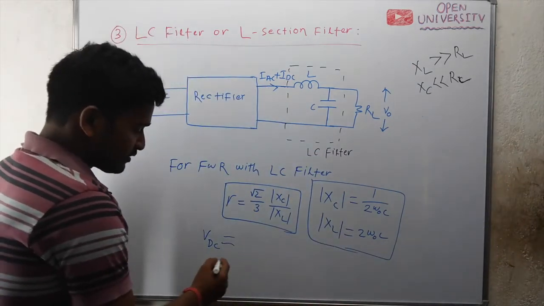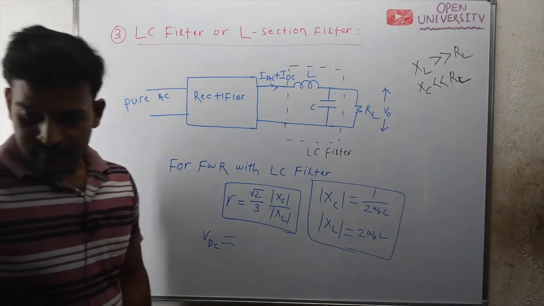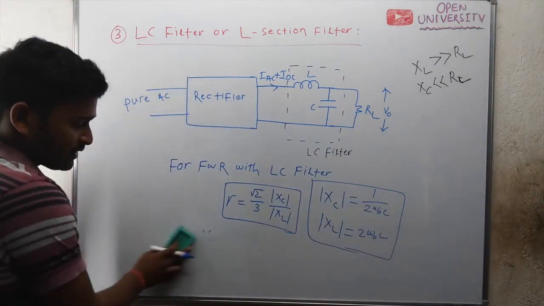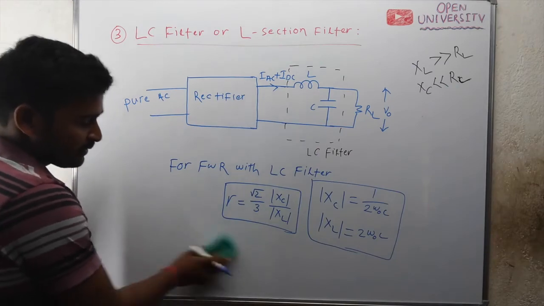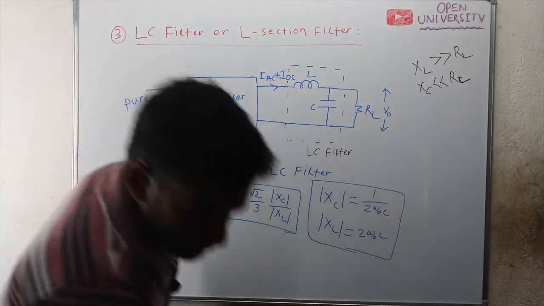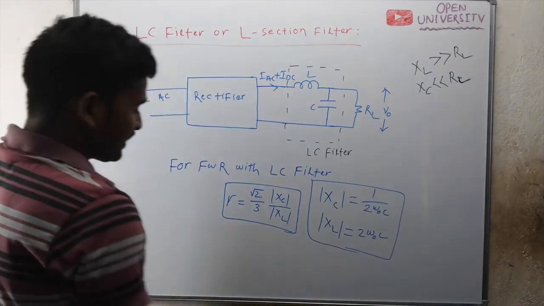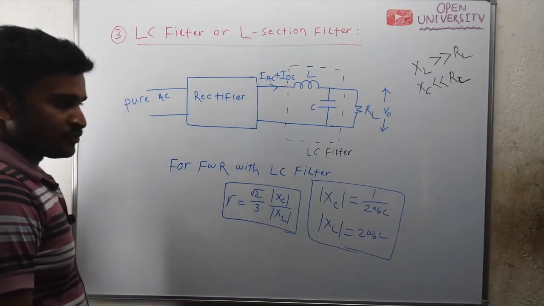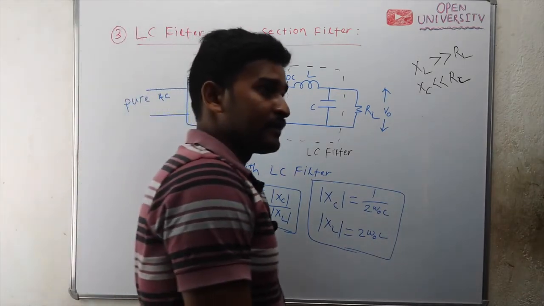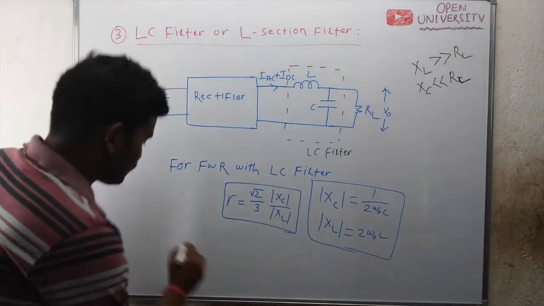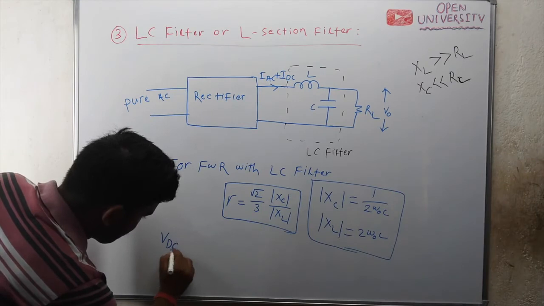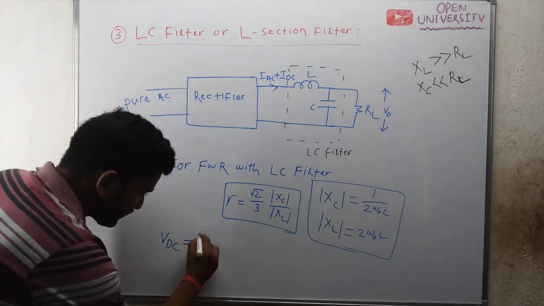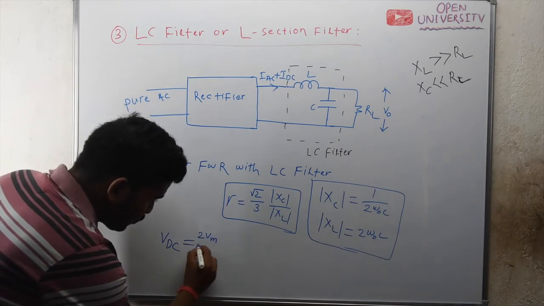Write down: the DC output voltage of a full wave rectifier with inductor filter is the same as the DC output voltage of a full wave rectifier with LC filter. So the DC output voltage of your full wave rectifier with the LC filter will be 2 Vm by pi.